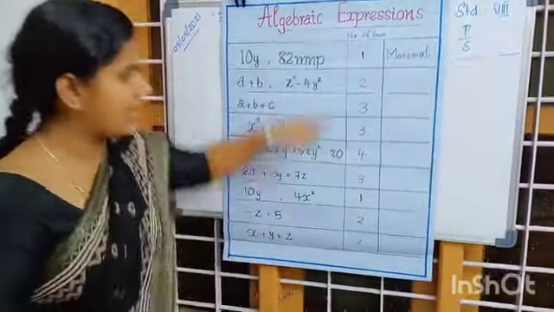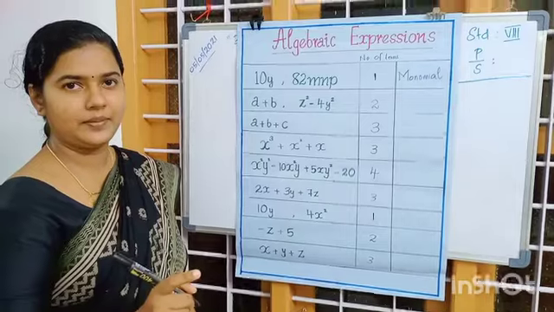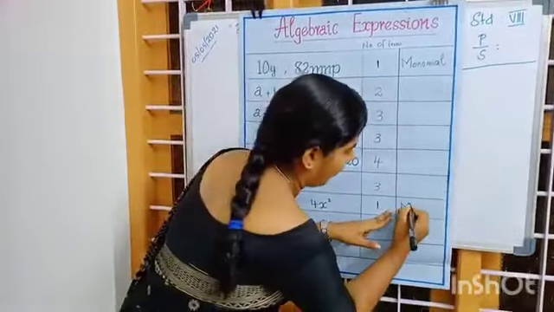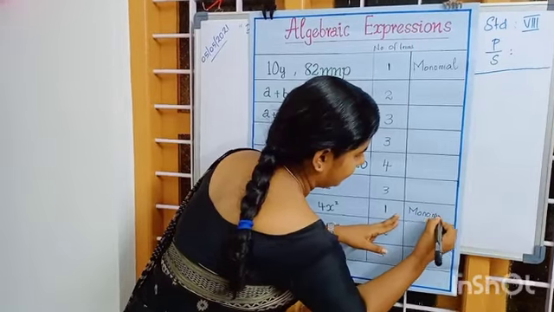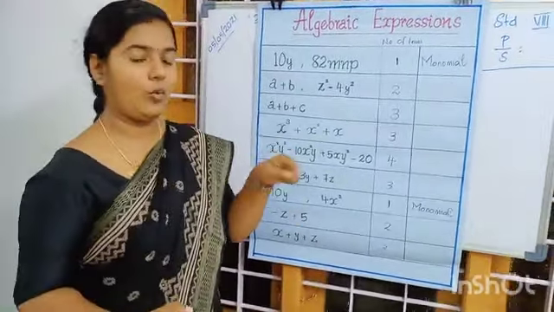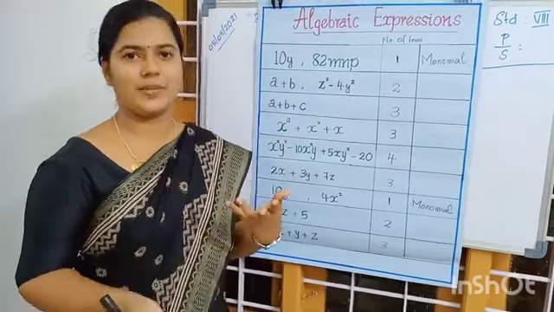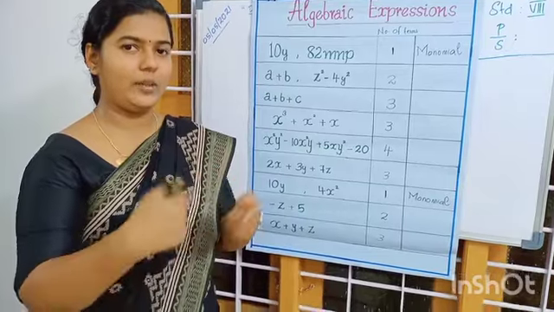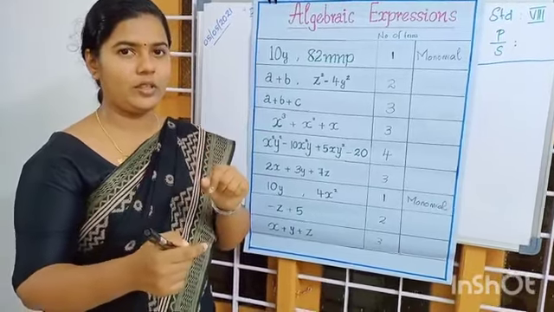So which among these categories will be monomial then? Yes, this one, right? So this is also monomial. Okay. So next, what about expression with 2 terms? Mono means 1. So what will be the word for 2?